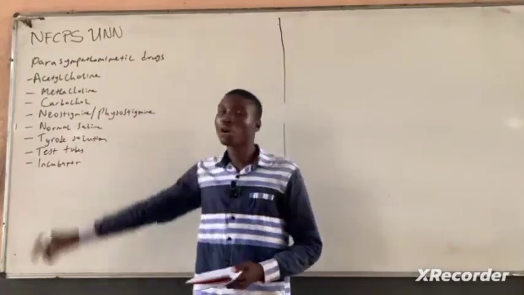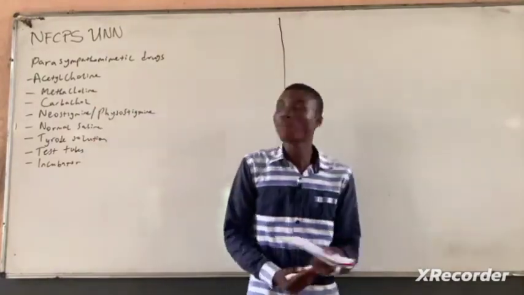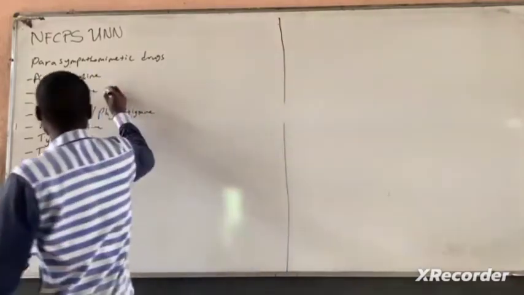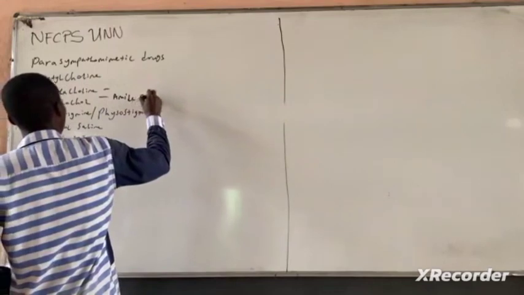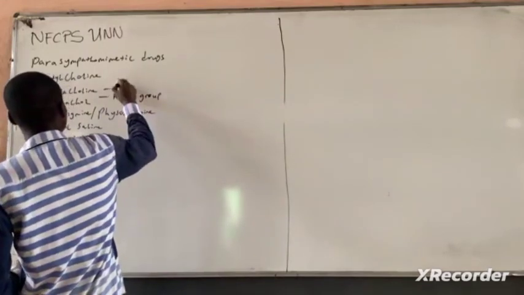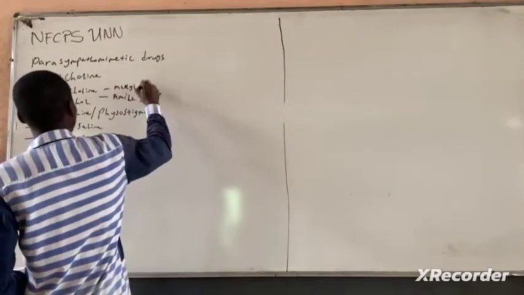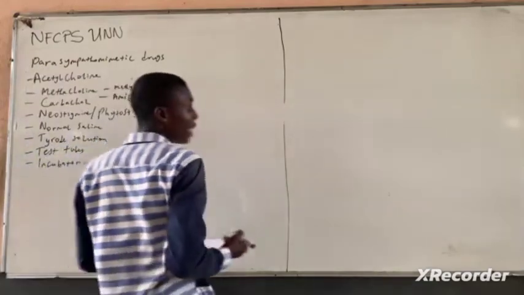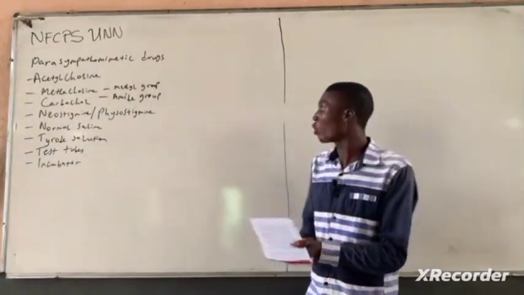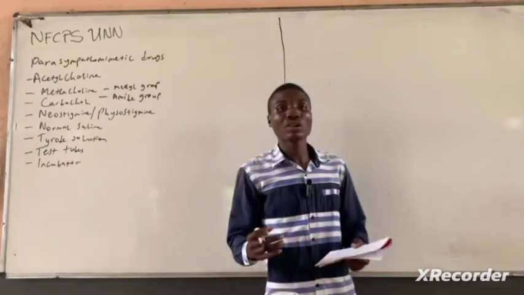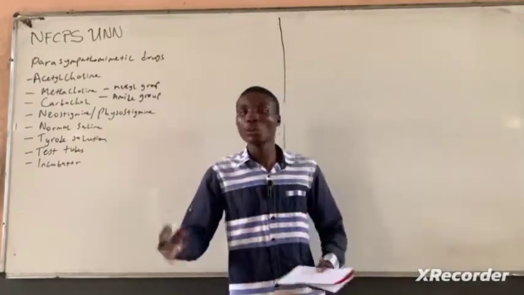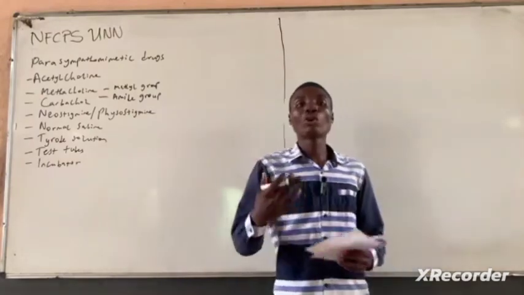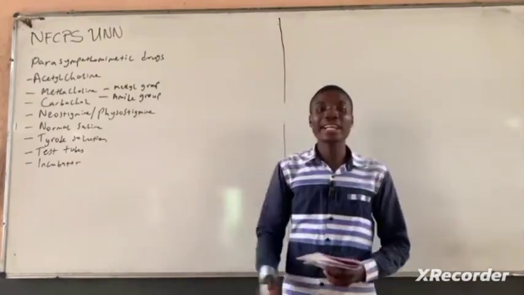Then carbachol has the amide group and it's a synthetic choline ester. It has an amide group and then methacholine has a methyl group. The amide group in carbachol adds much more stability to carbachol, making it impossible for cholinesterase enzymes to degrade carbachol.